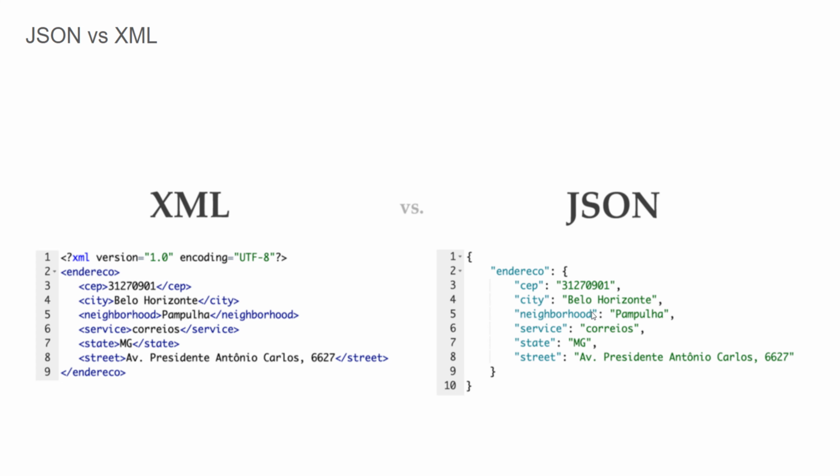So you see here, for the XML we have some tags, and between two tags we have the content, the data, like this.